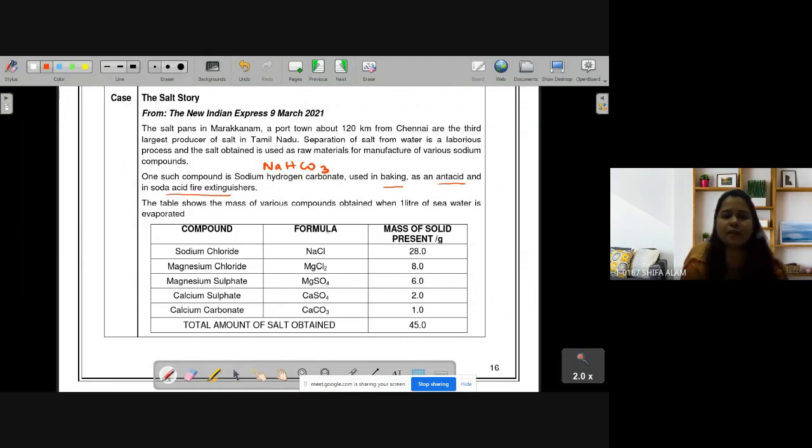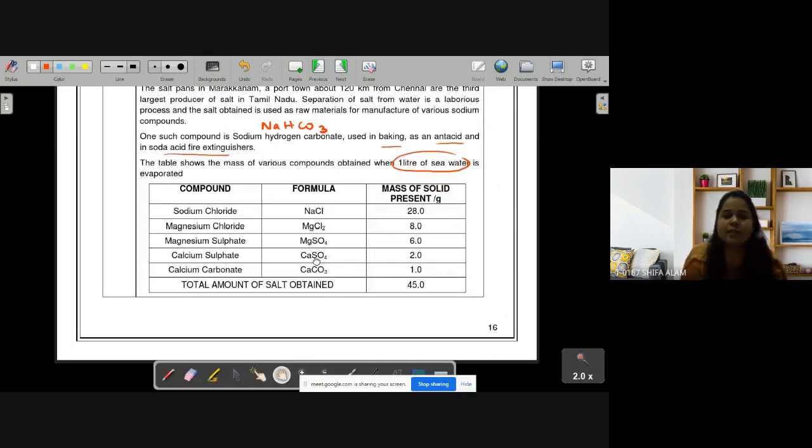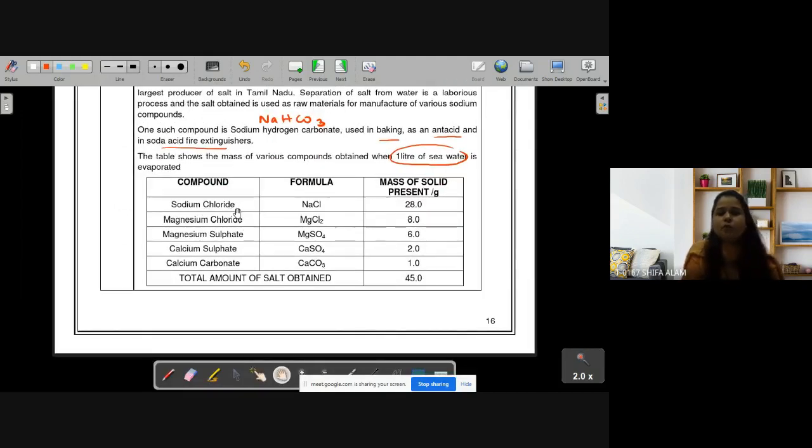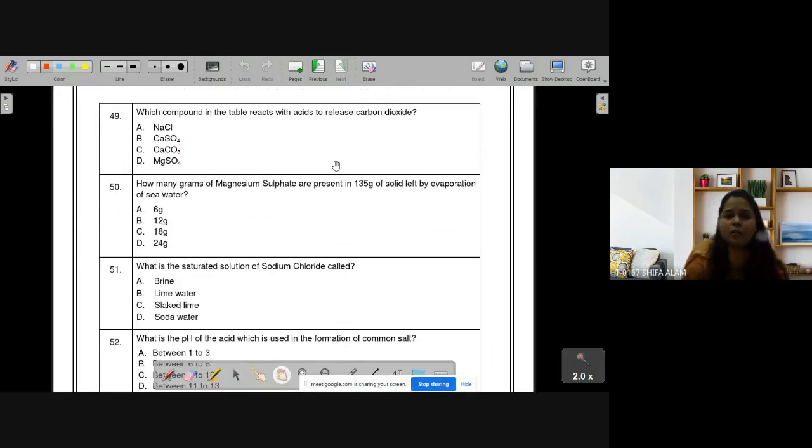We find that various compounds have been obtained when 1 liter of seawater was evaporated. So when we analyze, we see that the various compounds obtained are sodium chloride, magnesium chloride, magnesium sulfate, and calcium carbonate. The respective amounts have been given in gram. The total amount of salt obtained was 45 gram.